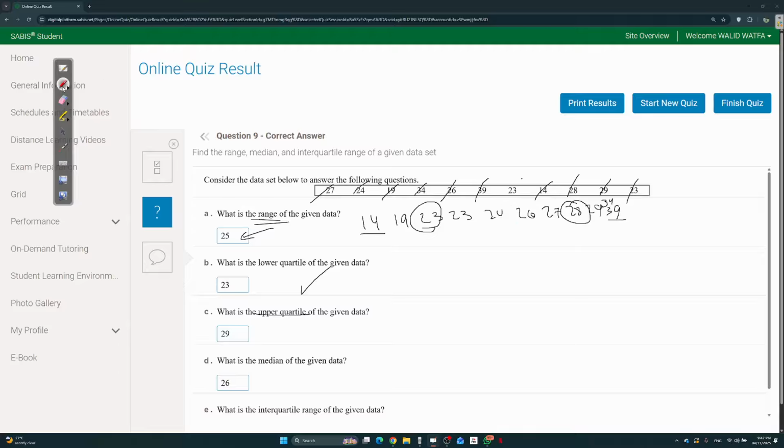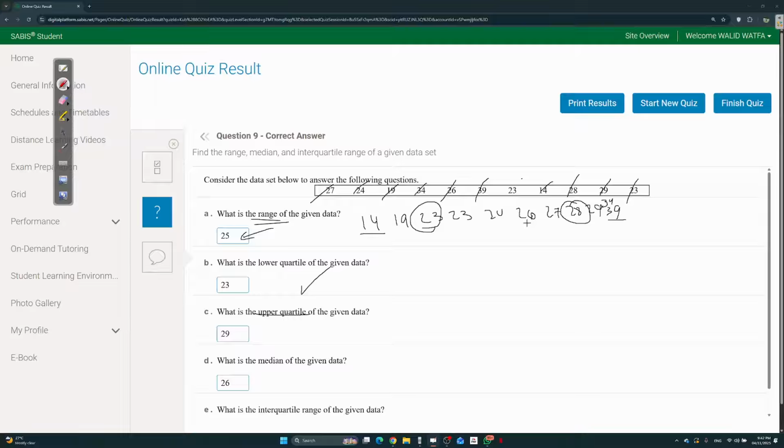Okay, that means you go here. So basically what you do is, let me fix this. You now have 11 values. It's so easy, by the way. I just messed up with the number. You have 11 values.